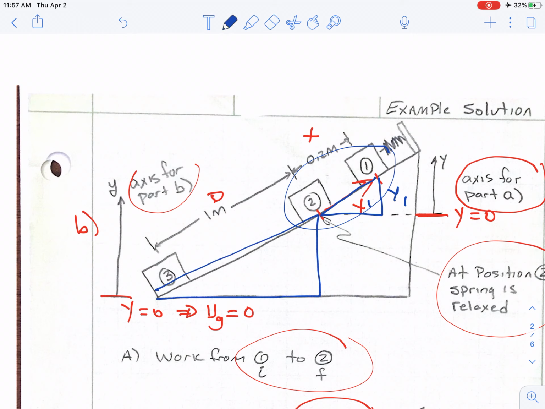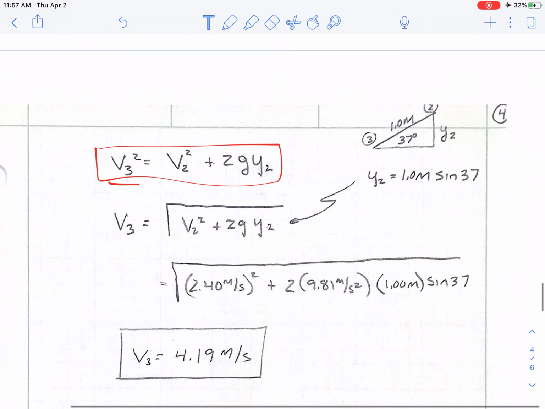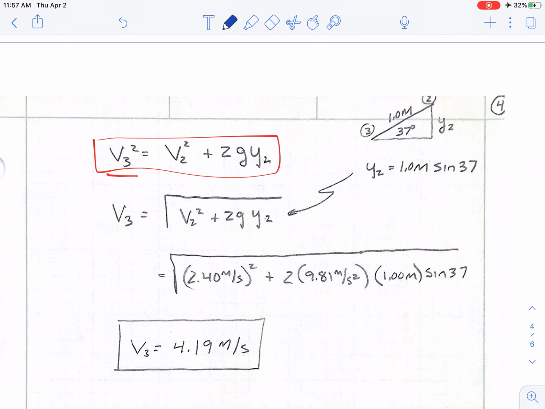This is d, 1 meter, and this is y2, because y3 is 0, and this is the same angle. As you can see here, this is the triangle we have. So 1 meter and y2 need to be related. Then we use the sine function once again, because it's opposite over hypotenuse. So then you can find out what y2 is and plug it in right here.